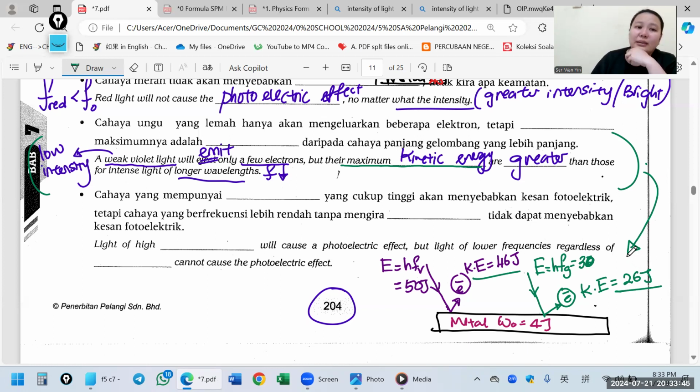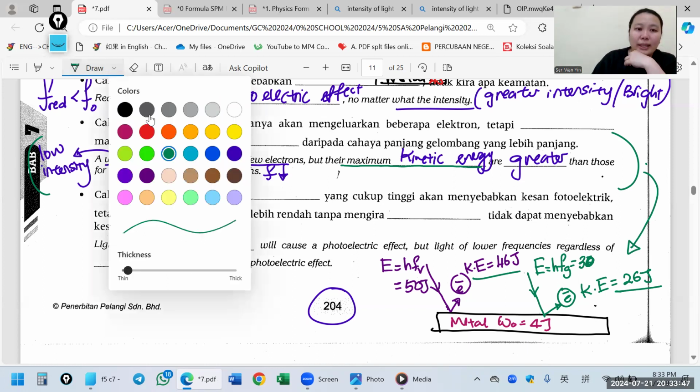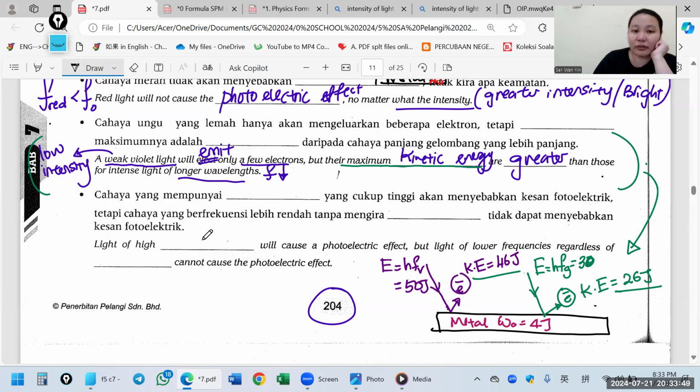Okay, so now what happened to light of high frequency? It will cause the photoelectric effect, but light of lower frequency, regardless of intensity, like red light, cannot cause the photoelectric effect.